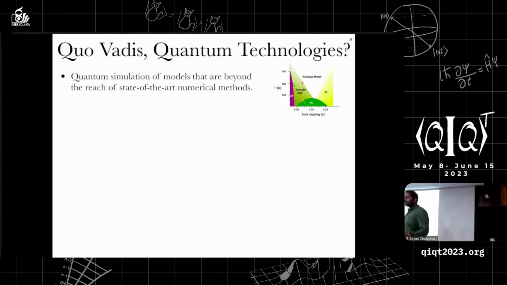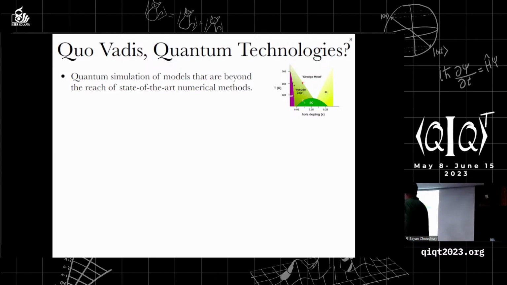So if you want to simulate, let's say, 10 spins, you need an array of 1024 numbers. But if you want to simulate 100 particles, your array needs to have a dimension of 2 to the power 100. And very soon, even if you're using all the atoms of the universe as a quantum bit, you would not be able to simulate a quantum system of the size of a grain of sand.